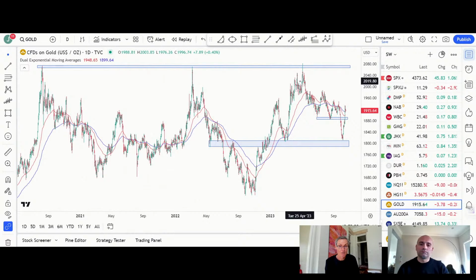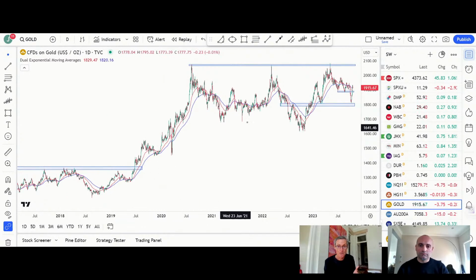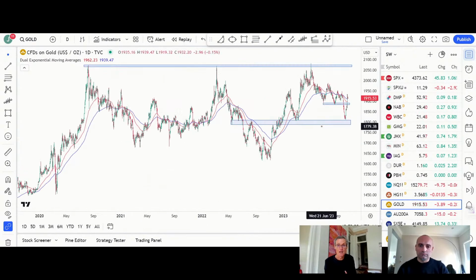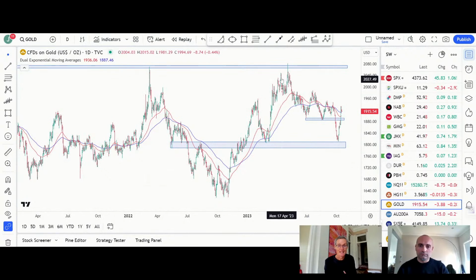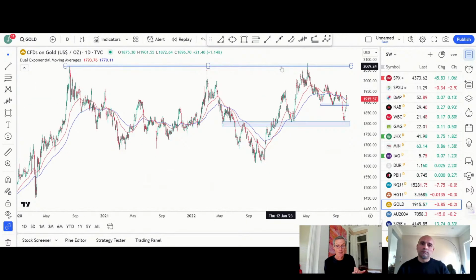So if I've got gold, I probably still want to hold it, because I want to stay with the overall trend, which I thought was still positive, but I probably don't want to add at this point. So I'm using a resistance structure to help me decide when I want to add, when I want to hold, when I just want to sit and watch.